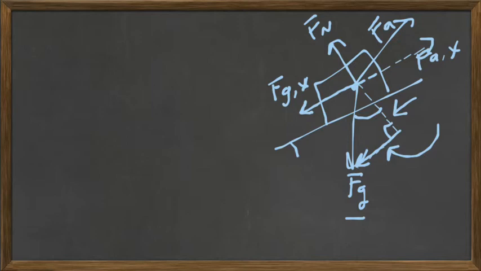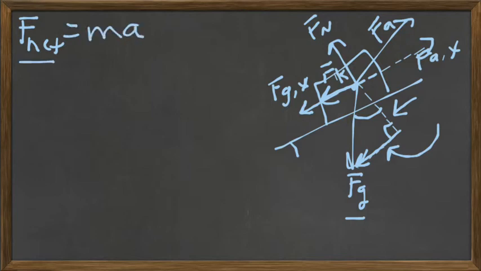Down the incline also is the force of friction. So in this problem, if I go to solve for acceleration using Newton's second law of motion, I have three forces that make up my net force. I have the applied force in the x direction.